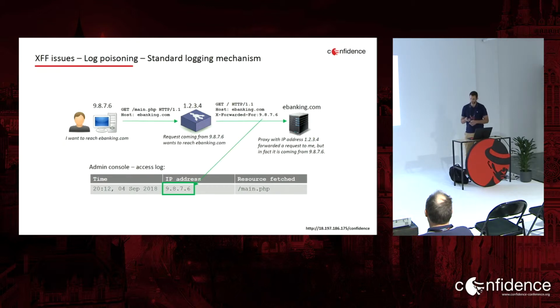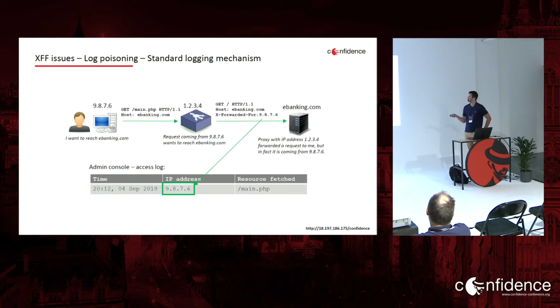So first of all, different applications treat values in that header in a different way. Some of the applications, if they see, for example, multiple X-Forwarded-For values, will take only the first one. Some of them will take none of them.